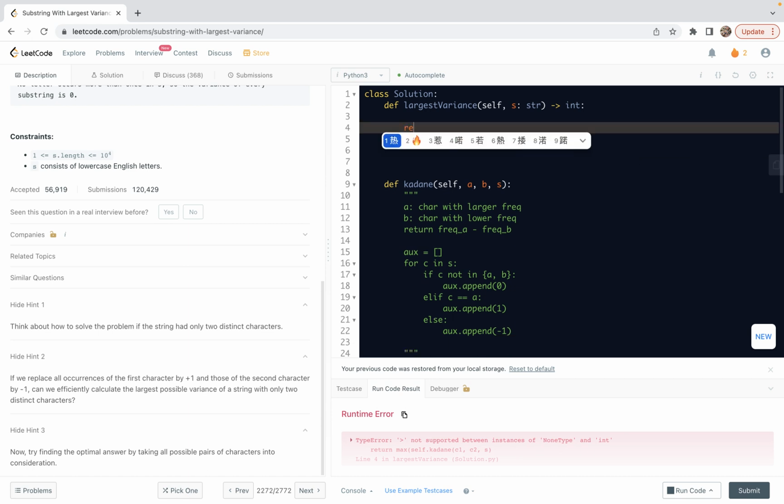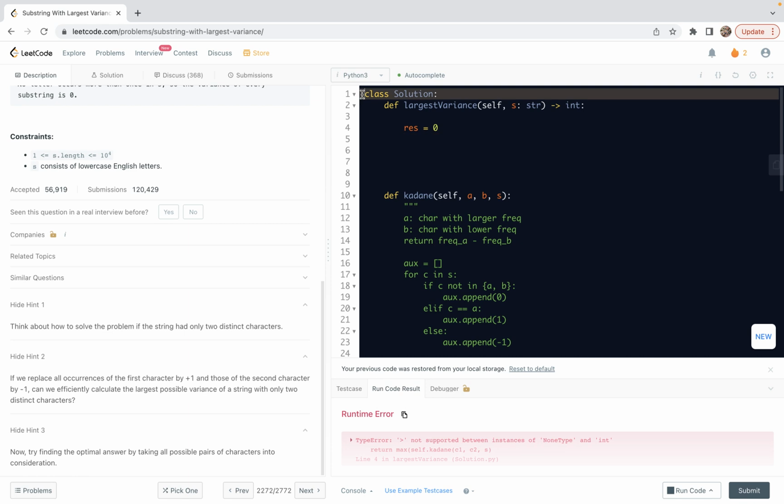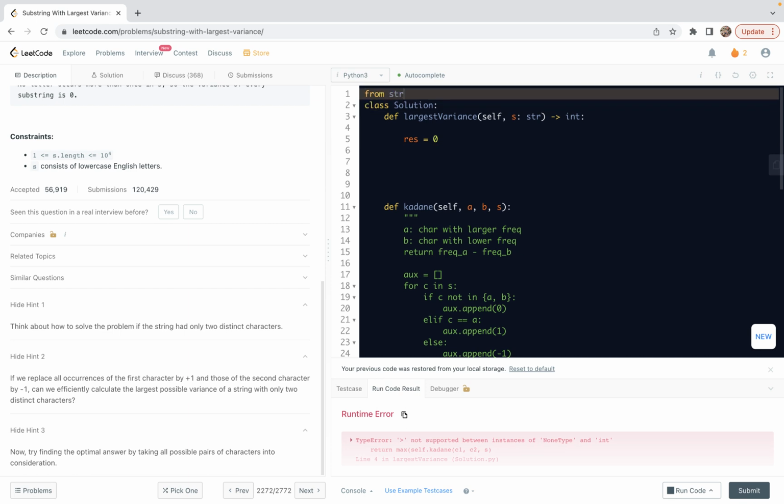Result equals 0. So let's from string import ASCII lowercase as lower.